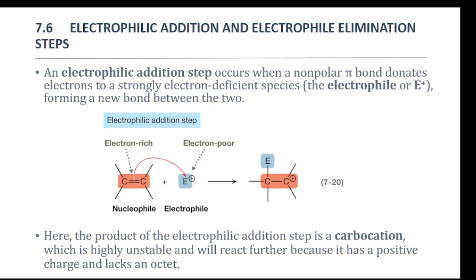Addition is going to be taking usually double, triple bonds, and we're going to be adding stuff, therefore getting rid of the bonds, right? Okay, so electrophilic addition. Again, we're going to have a pi bond. This is going to donate our electrons because those are electron-rich, aren't they? And we're going to have different species of electrophiles. These are going to have positive charges typically, and they're going to pull electrons to them. Okay? All right.